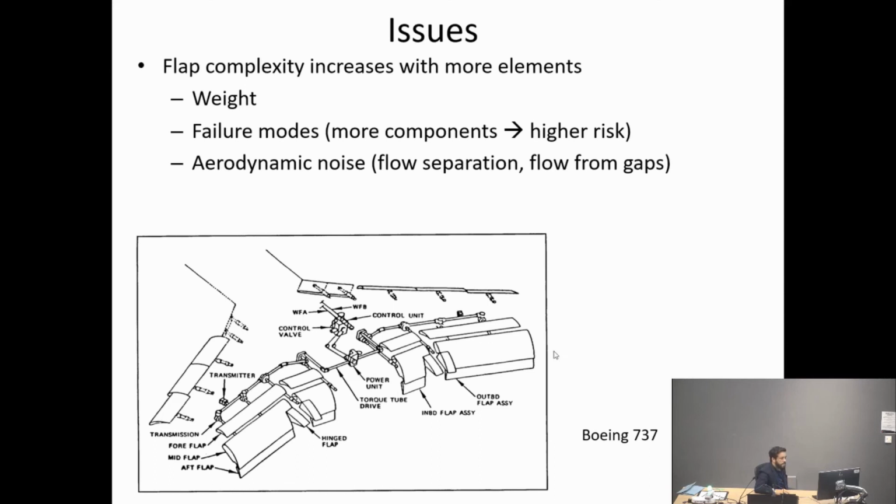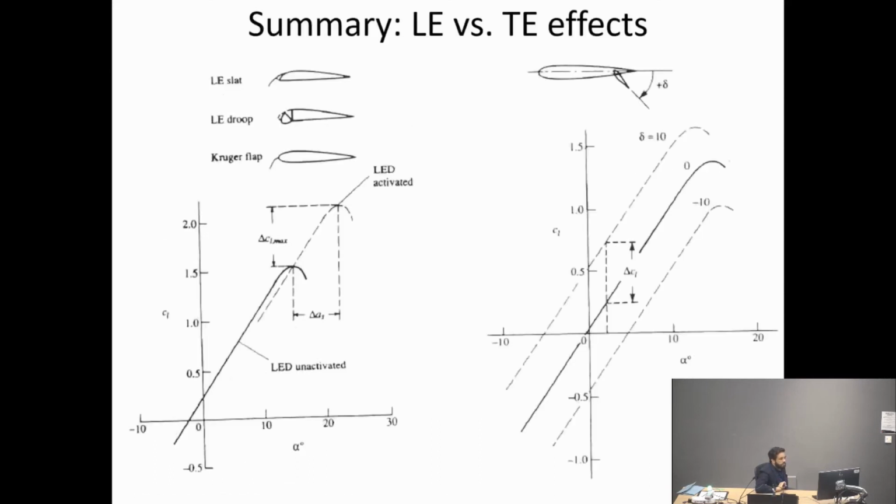So, summary of effects: typical effects, not necessarily always true, but typically. With leading edge devices, we try to extend the stall angle, which will give us more lift. However, with the trailing edge flaps, we actually increase the camber, which gives us more lift, although the stall angle compared to the clean one is actually slightly reduced.